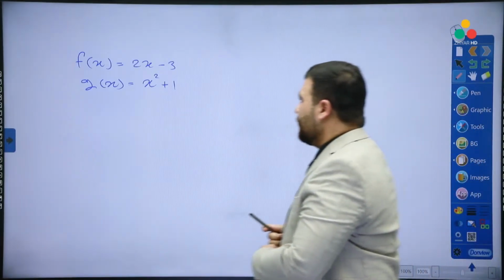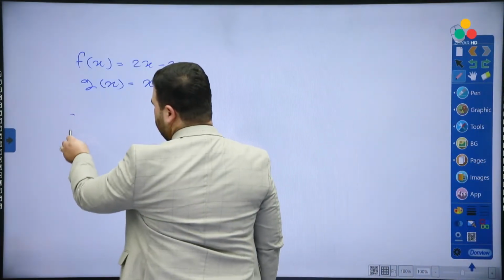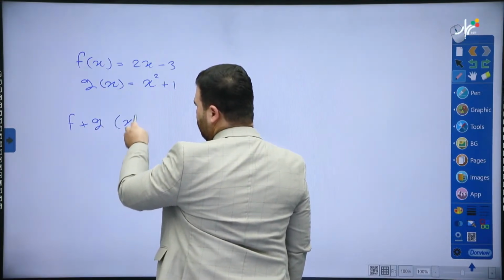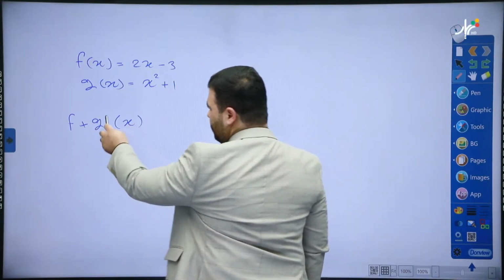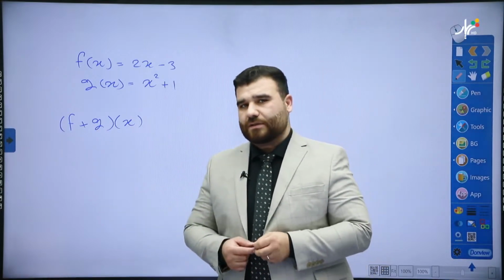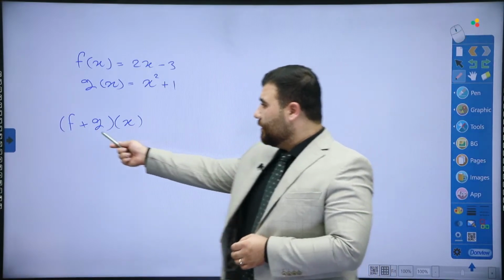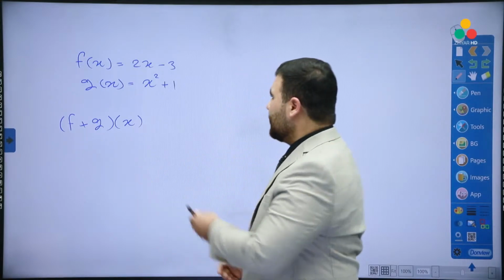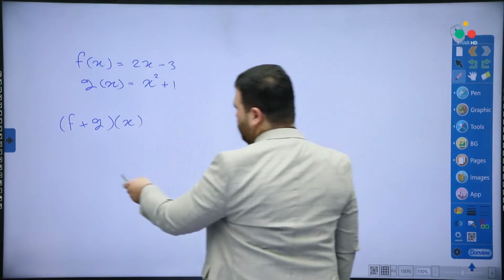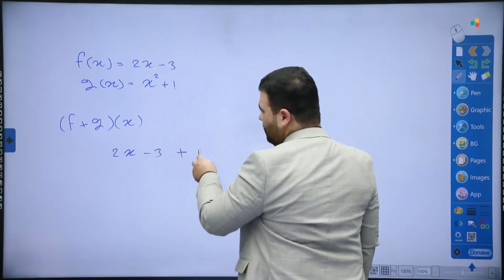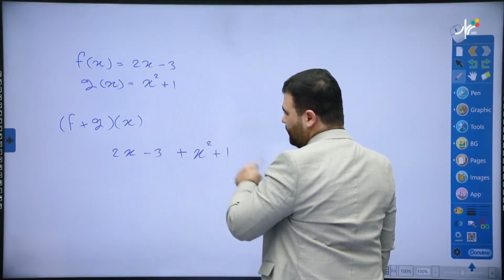Now, if I want to find (f plus g)(x), there are many ways of writing this. We can put brackets here, it's fine. We can write it without brackets, it's also okay. Here, all you have to do is add f and g together. To add f and g, we add these parts together, so it will be 2x minus 3 plus x squared plus 1.